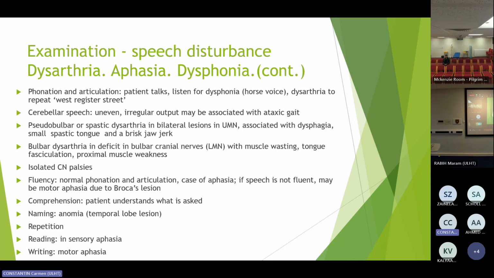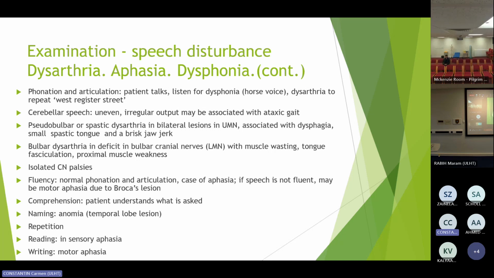So now that we've touched base with Broca: in a Broca lesion, the speech presents with expressive dysphasia. The patient is understanding but is unable to express himself. In a Wernicke lesion, Wernicke speech is when we have global aphasia, so the patient is unable to understand and to express himself.